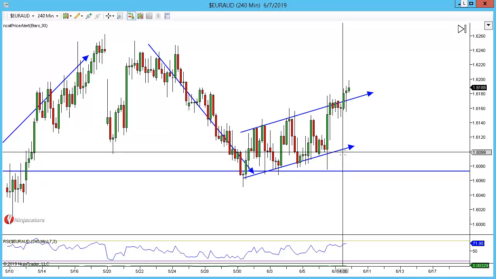In fact, in some of the educational material I've shown just one of these consolidation areas, these channels, where we'd had like 5-6 winners in a row for 180 pips over 24 hours, and it was just insane.